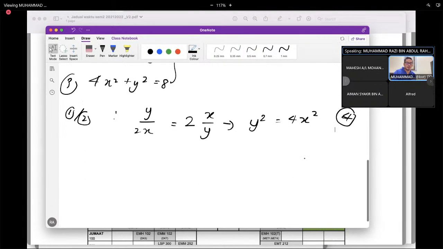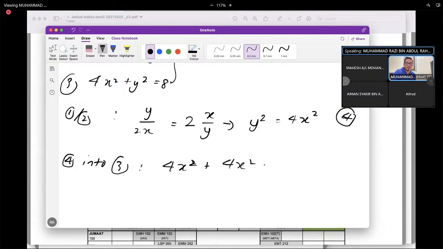Basically, I want to put 4 into 3, so that I have 4x squared plus 4x squared equals 8. That basically makes x squared equal to 1, right? Let me check I don't make any mistake.